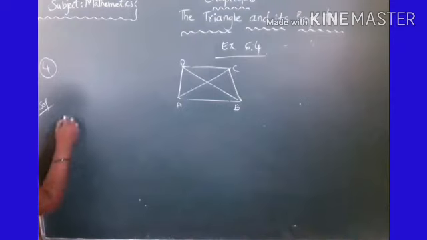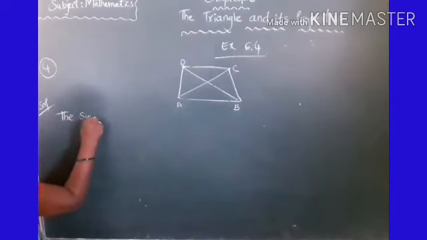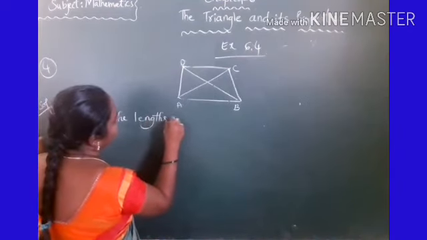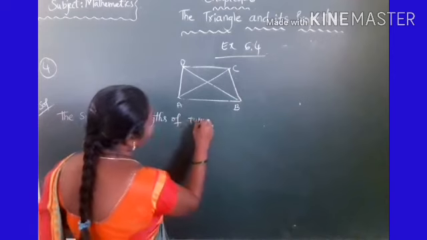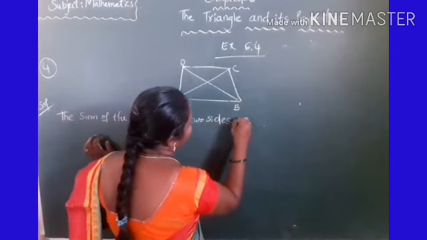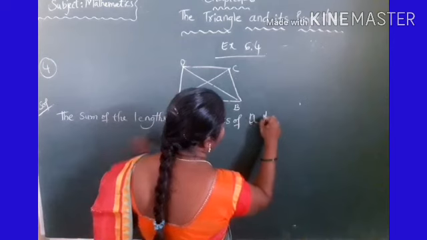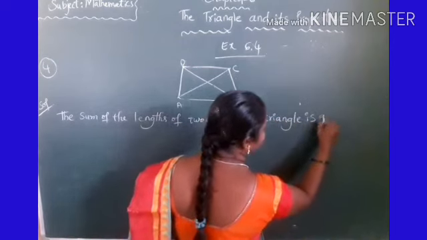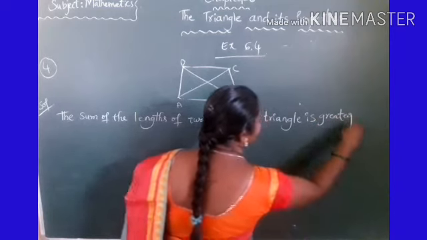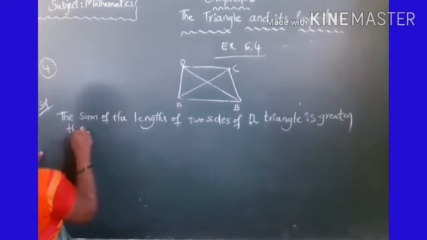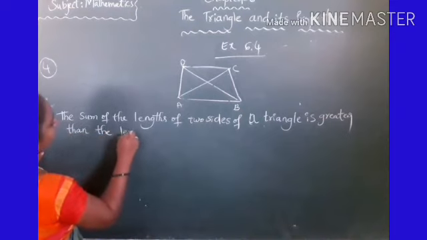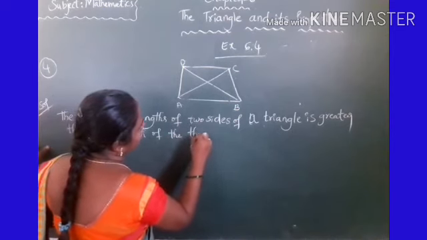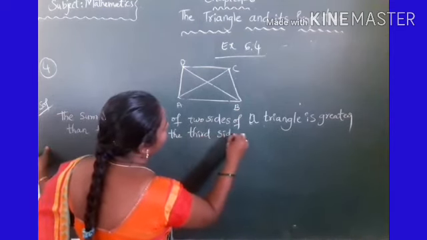We know that the sum of the lengths of two sides of a triangle is greater than the length of the third side.